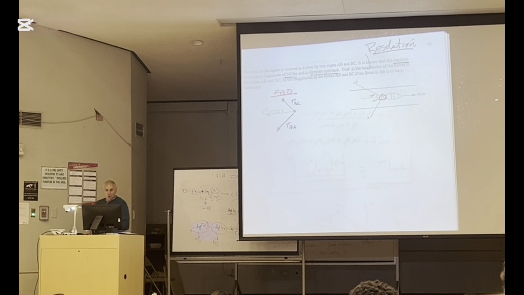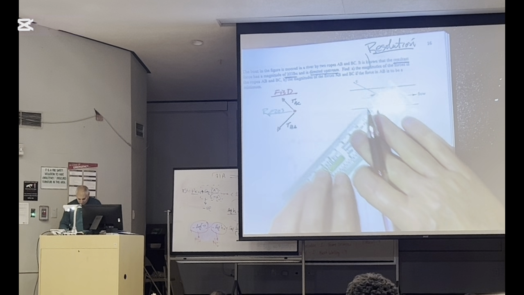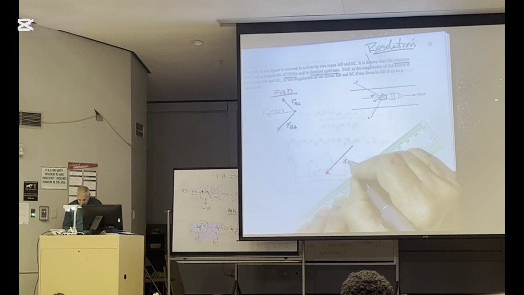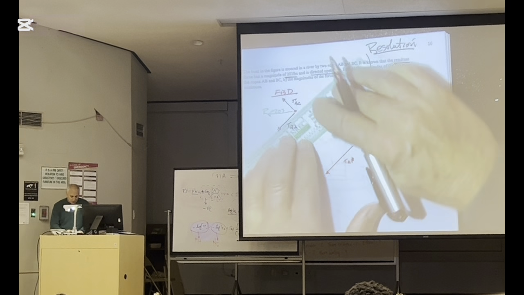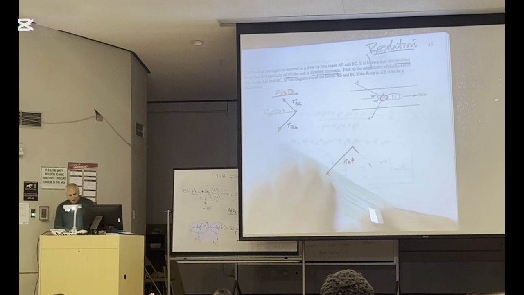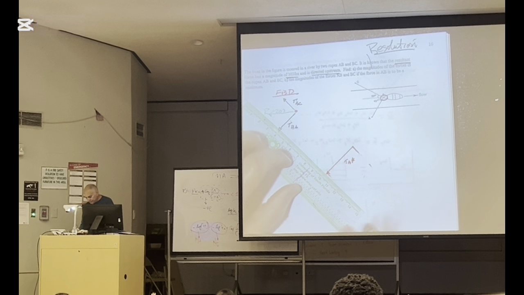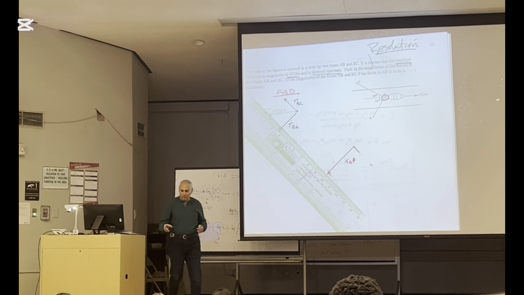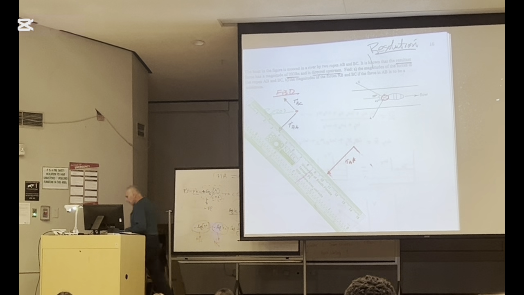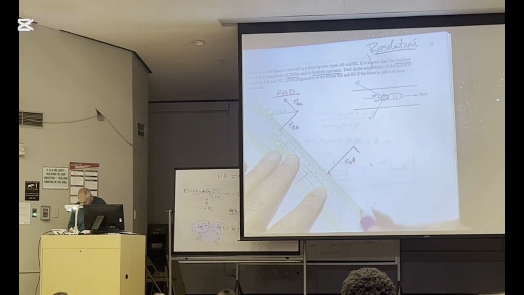Now I'm going to do triangle construction again. I'm going to take this and move it here. That's TBA. All I did is I took my ruler and slid it down, still parallel to TBA. Now I'm going to draw this line right here in pencil for right now.